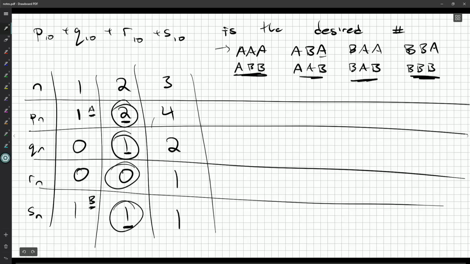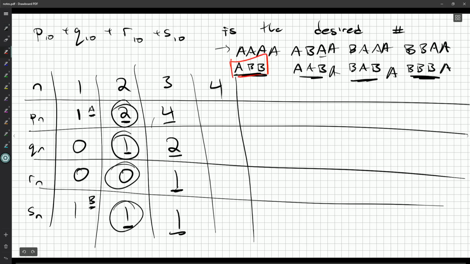So this is slowly working, but now, when I try and make strings of length 4, again, take any of these and add an A onto them. So any of these, add an A onto them, and you're fine. But if I try and add an A onto the end of this one in the Rn, then I would get an ABBA, and we're trying to avoid ABBA. So these 3 all go here and put a 7 here.